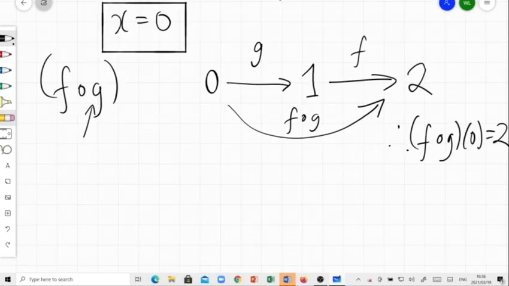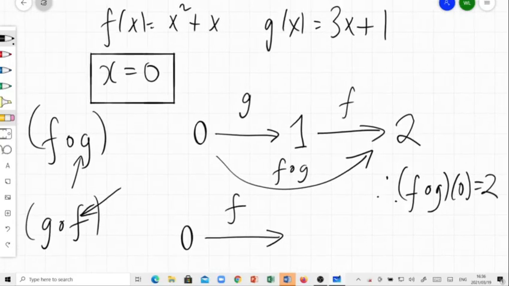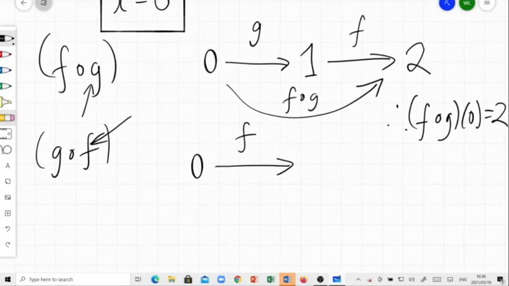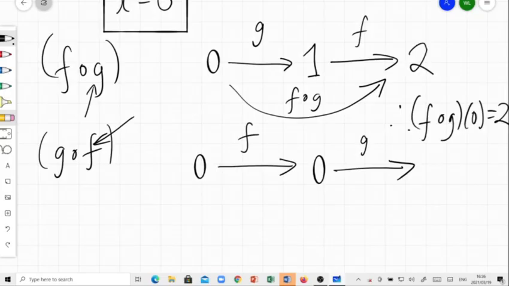Okay. Now, let's consider g of f, acting at 0. So here, f goes first. So who's my f function? Okay, so f is x squared plus x. So 0 squared plus 0, I still get naught. And then I must apply my g, which is 3x plus 1, which is I triple and add 1, so I get 1.